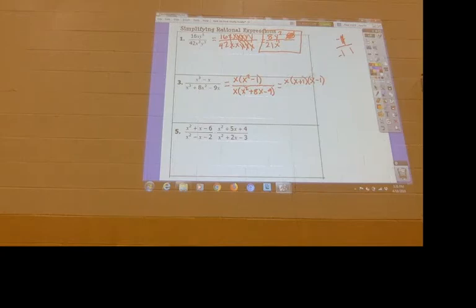I skipped some steps and I went straight to this. Okay, here, I can expand this out. A times C is negative 9. I need factors that give me a positive 8. That'd be negative 1 and 9.